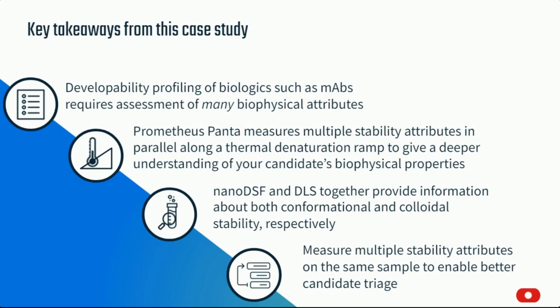You're able to take both the NanoDSF and DLS data together to get a more complete picture of the conformational and colloidal stability of your molecules. And if you're able to measure multiple of those stability attributes on the same sample, it's going to make it a little bit easier to rank your candidates and triage them accordingly.